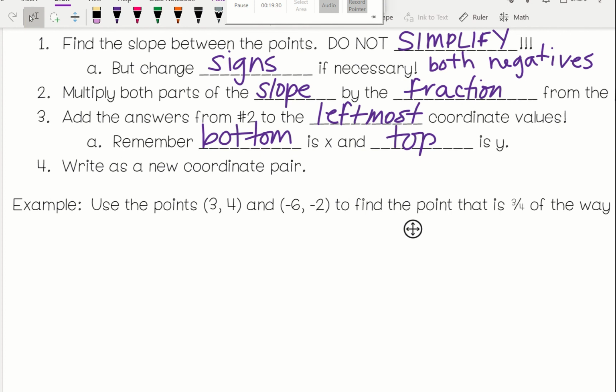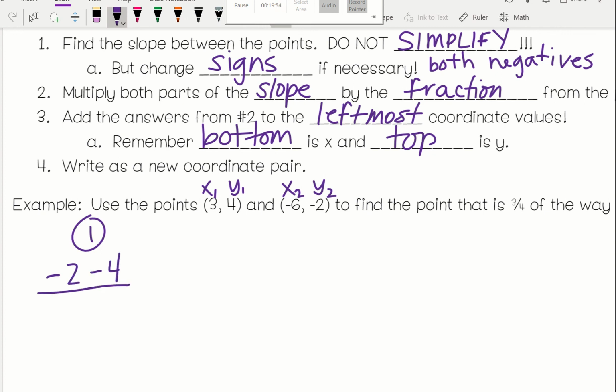First step, find the slope. So I suggest labeling. Again, I just go left to right on my piece of paper. I do y2 minus y1 on top, so it's going to be -2 minus 4 on top, and then x2 minus x1 on bottom, negative 6 minus 3 on bottom.